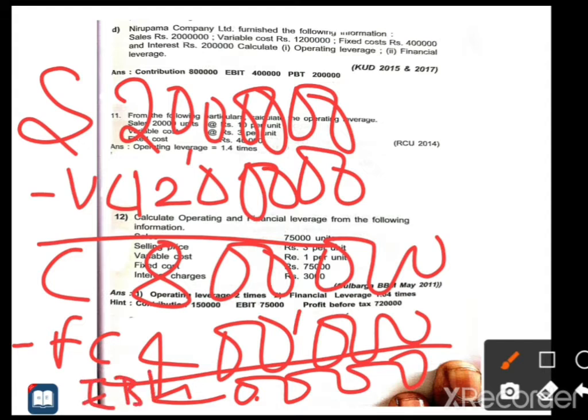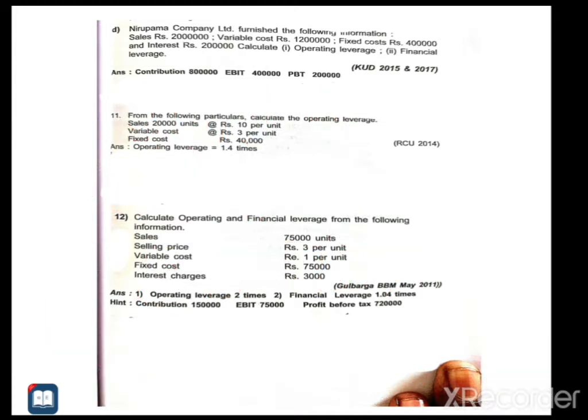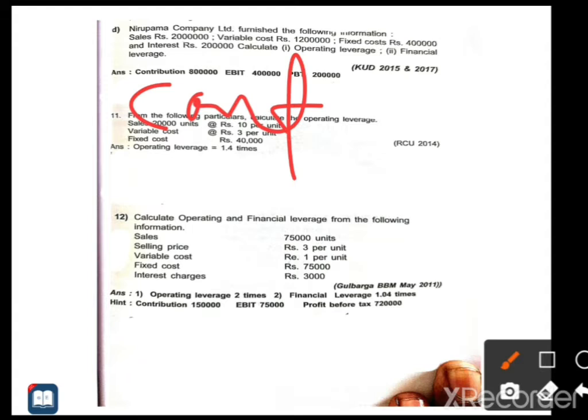You write it properly, EBIT. Once we get EBIT, we continue. In that EBIT, less what? Interest. So interest is rupees 2 lakh.